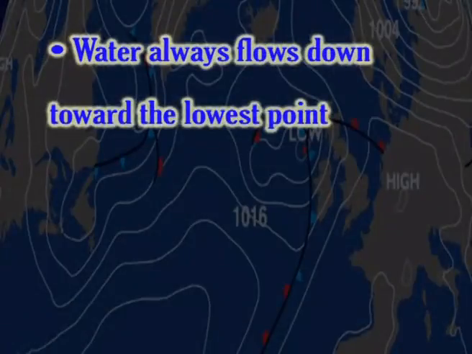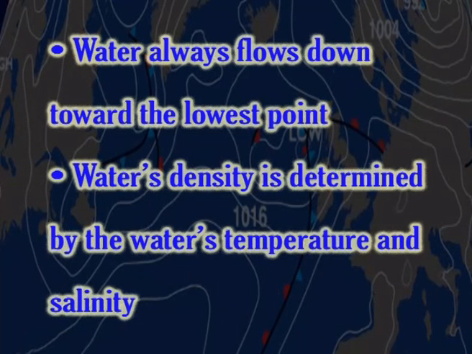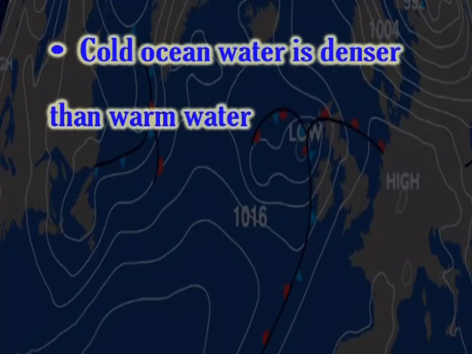To best understand ocean water dynamics, or how water moves, there are a few simple principles to keep in mind. Water always flows down towards the lowest point. Water's density is determined by the water's temperature and salinity. Cold ocean water is denser than warm water.